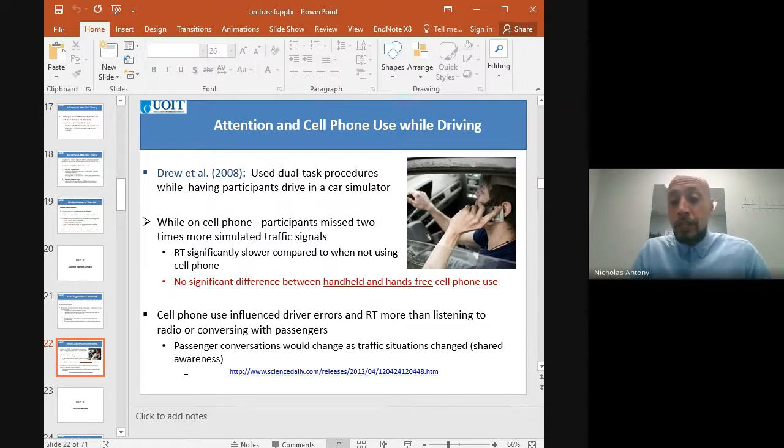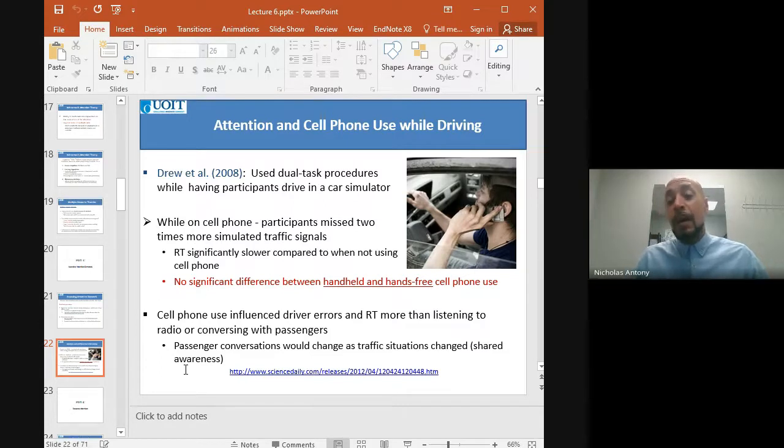So a conversation with someone on the phone, regardless of handheld or hands-free, would limit driving ability, but not a conversation with someone in the car. So it is less processing in a sense.